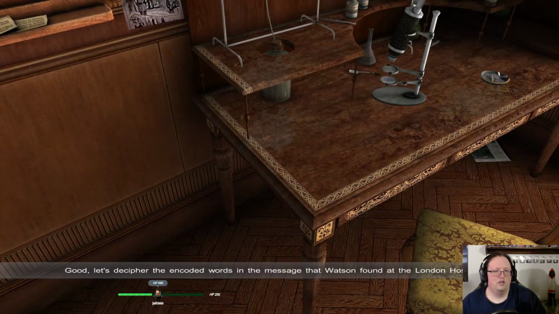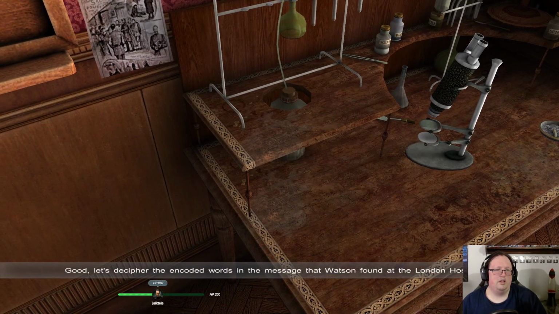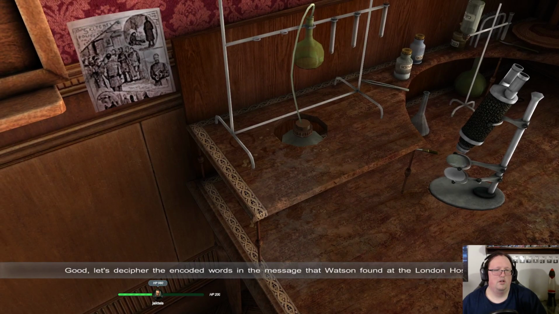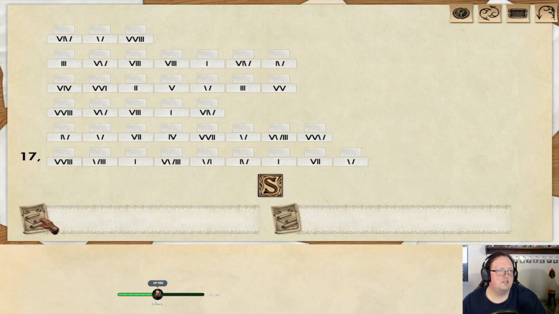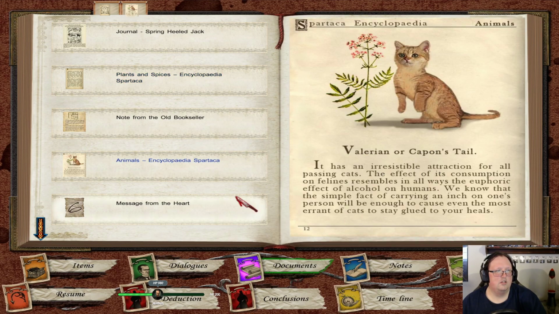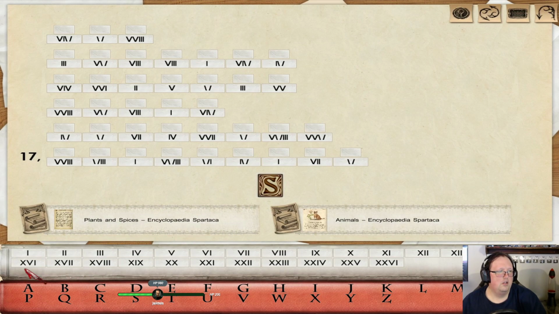Let's decipher the encoded words. I need this, and I need this. Oh, okay, what was it?